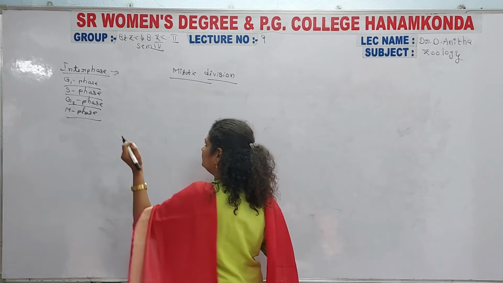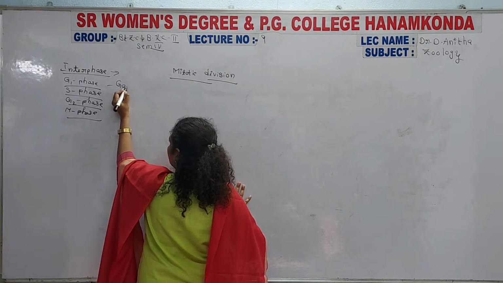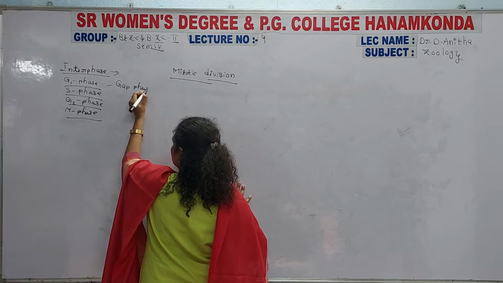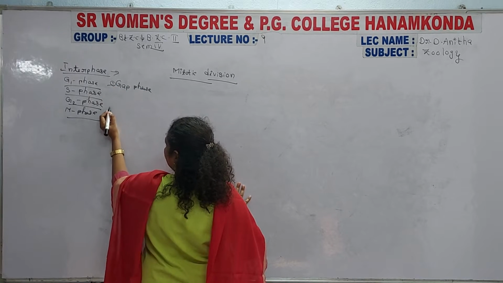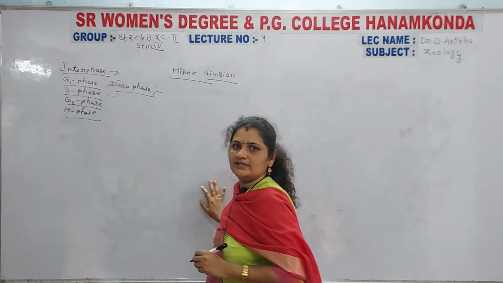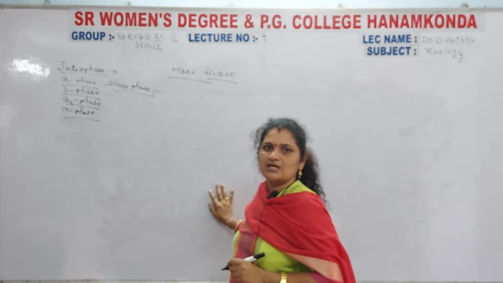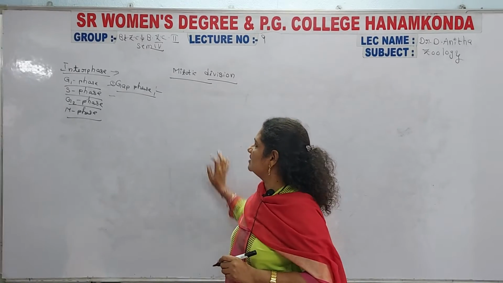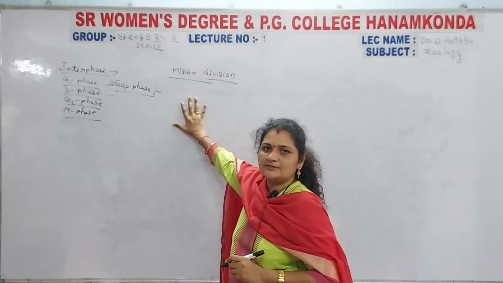G1 is also called a gap phase. It is the first gap phase, and it occurs before DNA synthesis. Before commencement of DNA synthesis, the G1 phase starts.